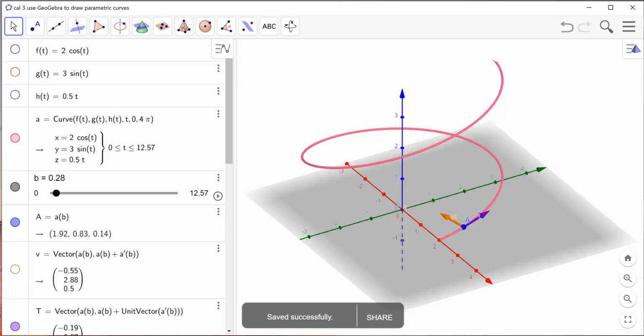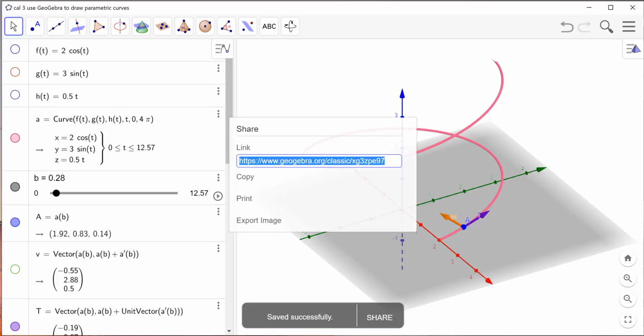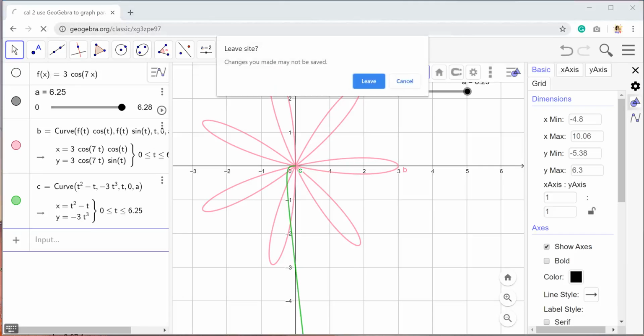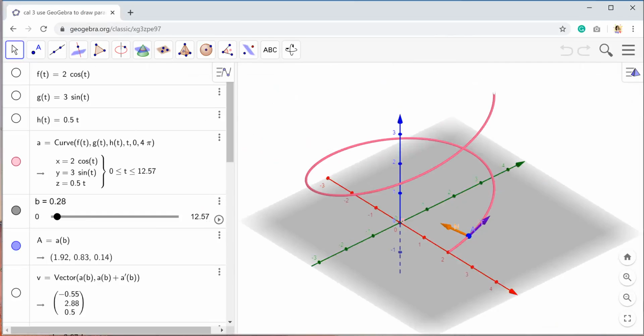Saving. Shared. Yes, then we get a link. Copy that link and go to any web browser. Then you can see our project.